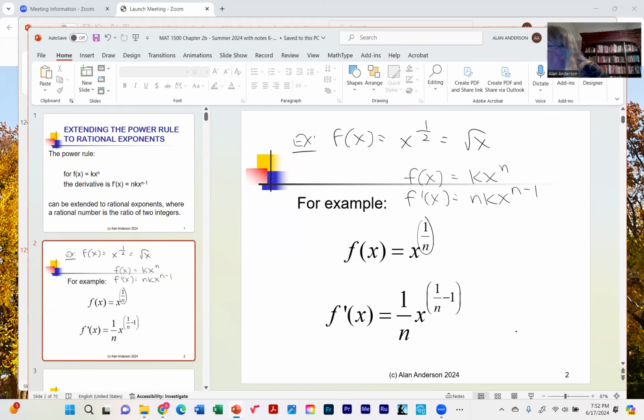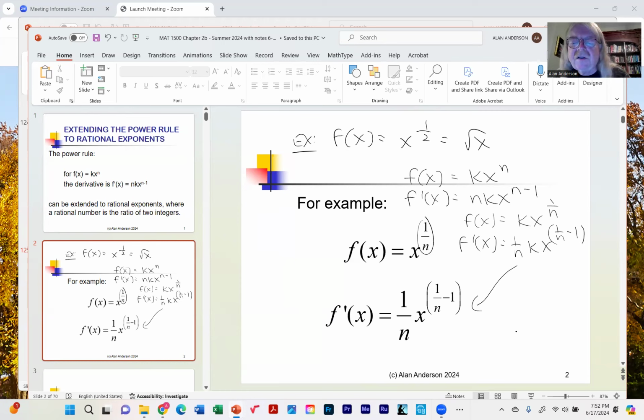What's happening though is that you're multiplying. So it's almost like, imagine if I rewrote this. Then the power rule would be 1 over n times x to the 1 over n minus 1. Okay.